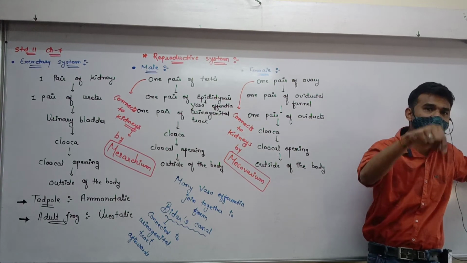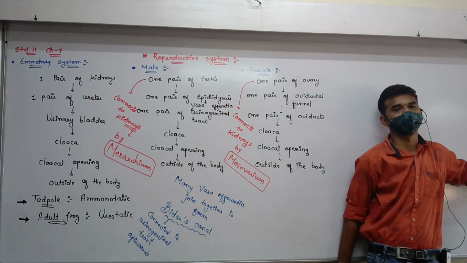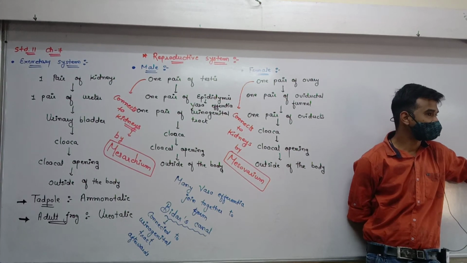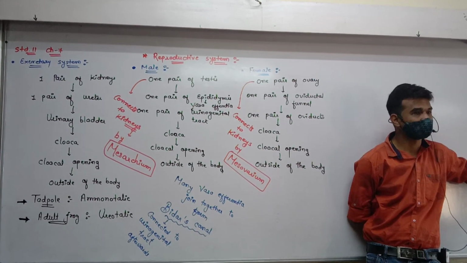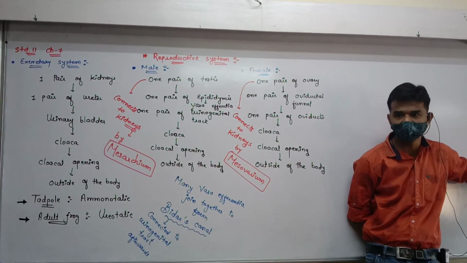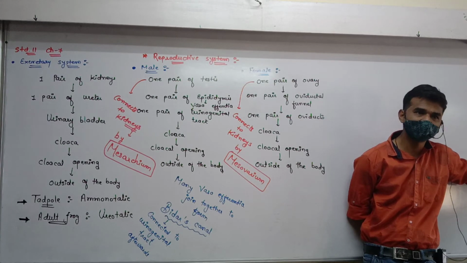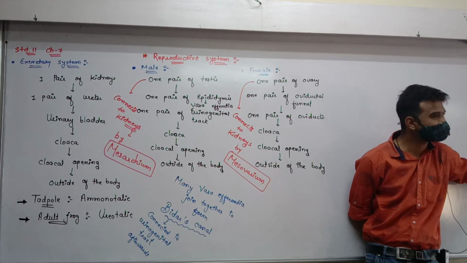This procedure is known as zygote formation. But in lower standard, this sentence is absolutely right. For easy understanding, the sperm enters inside the ovum, fertilization occurs, zygote will be formed.